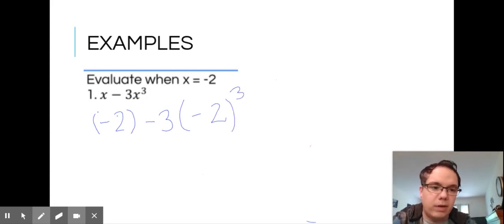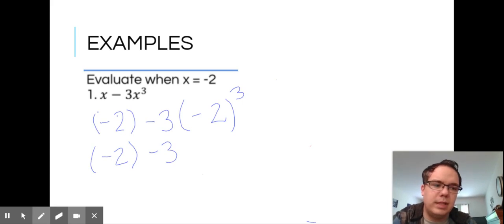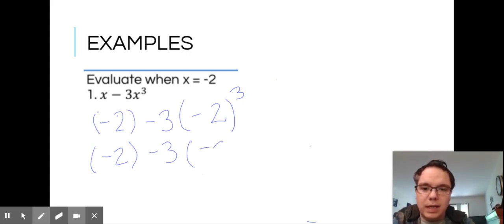Right? So now we're going to follow the order of operations to simplify. Order of operations says to do our exponents first. So we're still going to have a -2 minus 3, and -2 cubed means to take -2 times -2 times -2. And if we put that in a calculator or we do it in our head, we're going to get -8.